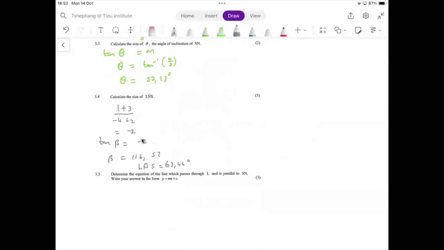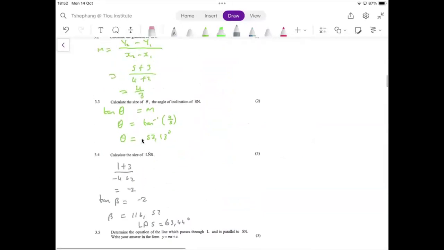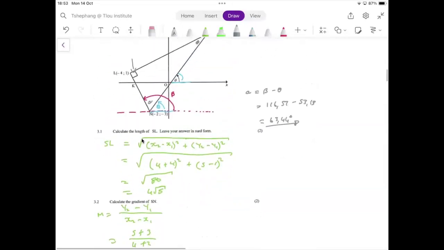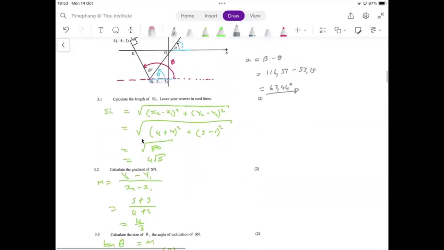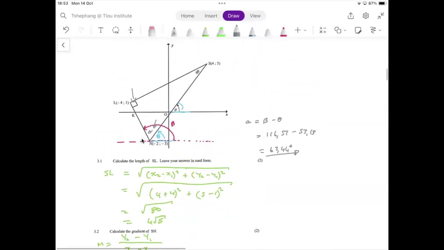Okay, so somebody's asking me to repeat 3.4. I'll quickly go over it just for the sake of time. They want us to find this angle alpha, right? And what we have to do is introduce our own x-axis.